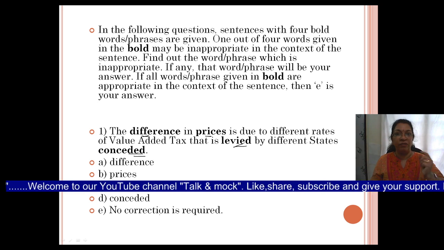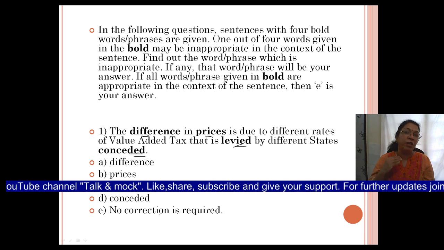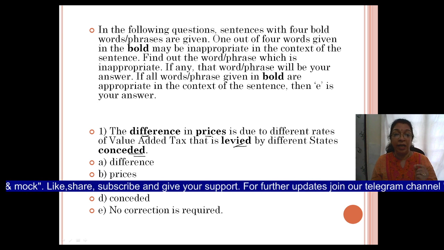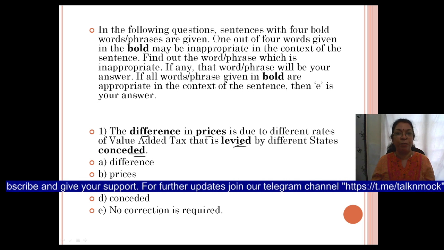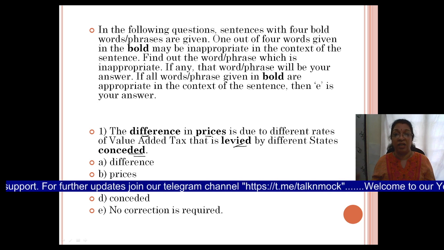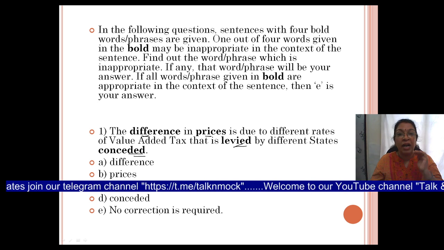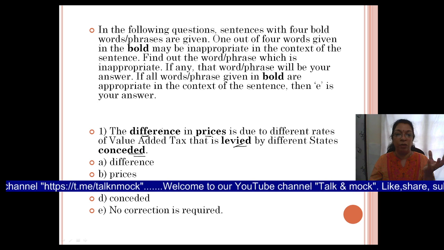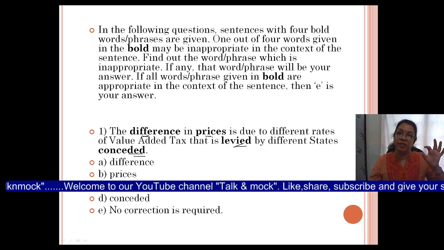But all of a sudden, when the pattern gets changed, your brain may not get used to such patterns. So you just become still for some time, you do not know what they are asking. Is that clear? So read the question calmly and just find out. They have highlighted or boldened 4 words and they have given you those as your options.